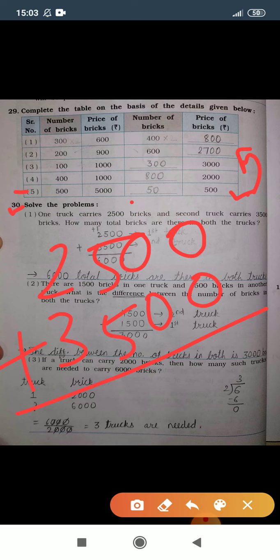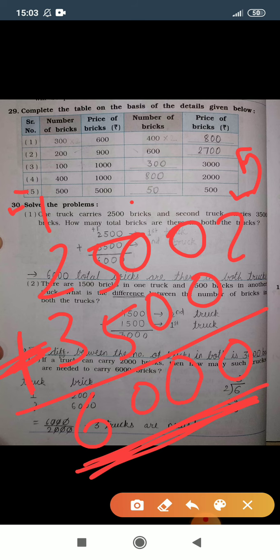Now we ask for the total number of bricks. So simply we need to add these two numbers. So 0 plus 0, 0, 0 plus 0 again 0, 5 plus 5, 10, 1 carry, 3 plus 2, 5 plus 1, 6. So how many total bricks are there? So total there were 6000 bricks in both the trucks.